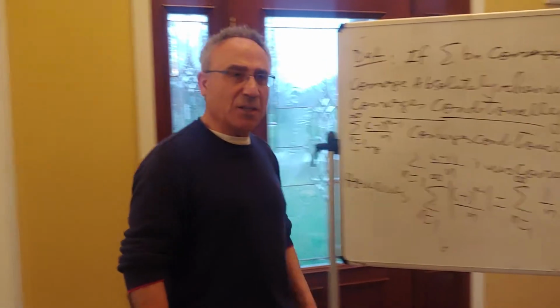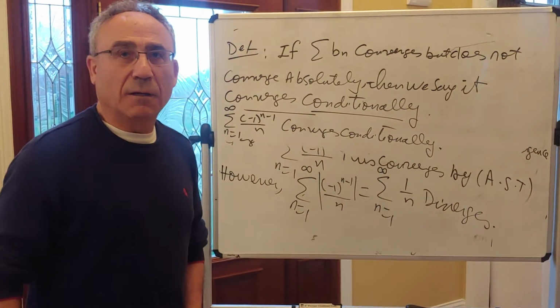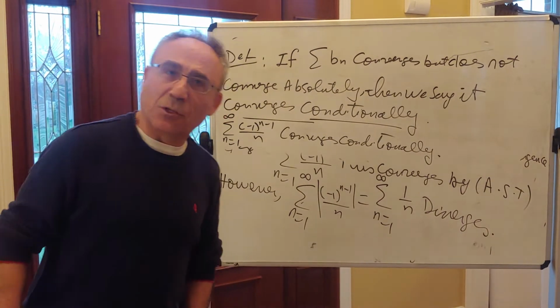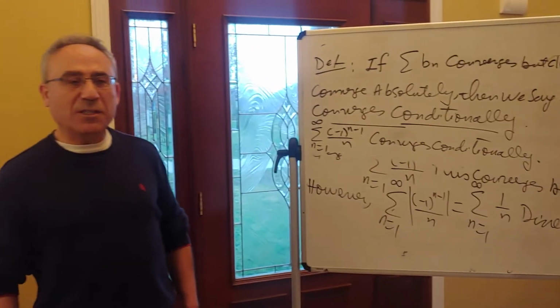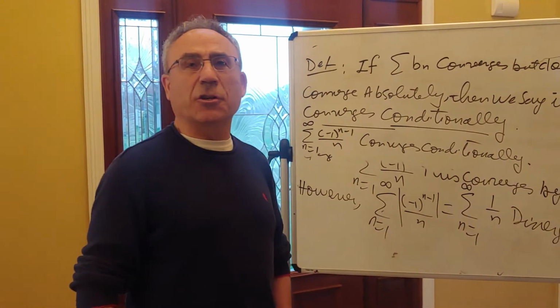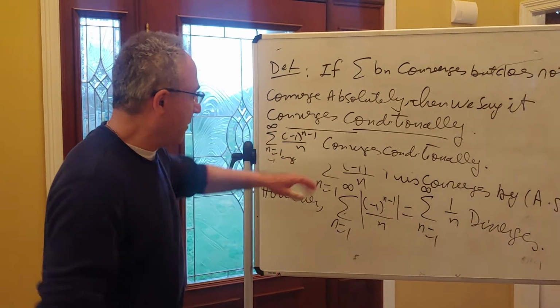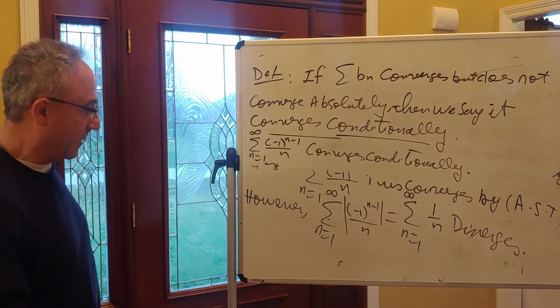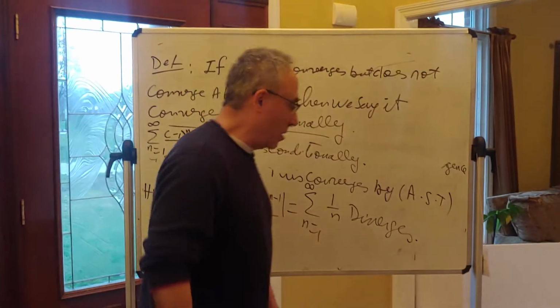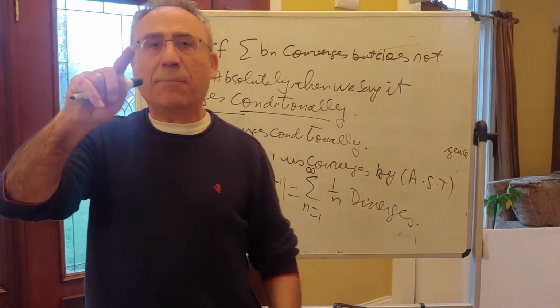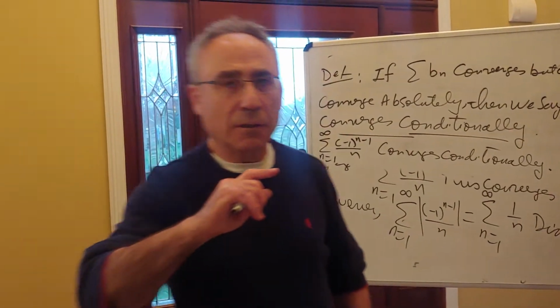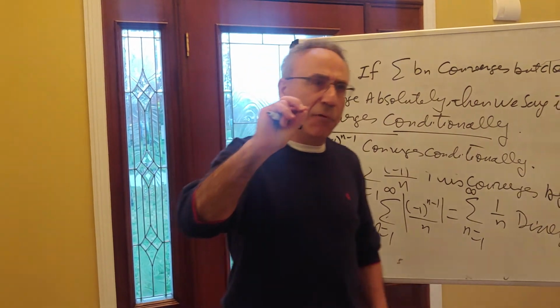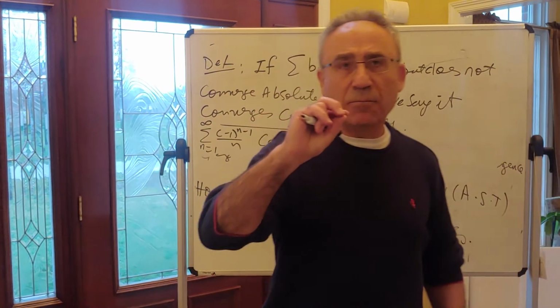Now, if the series converges but does not converge absolutely, then we say the series converges conditionally. Okay? And we just gave an example. All right. So absolute convergence implies convergence. Listen to me. Absolute convergence implies convergence.